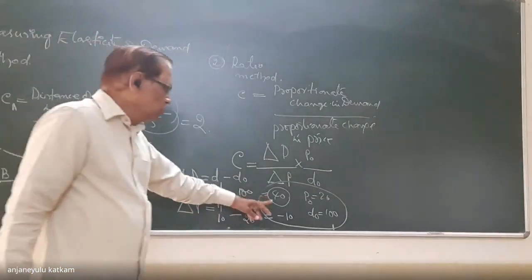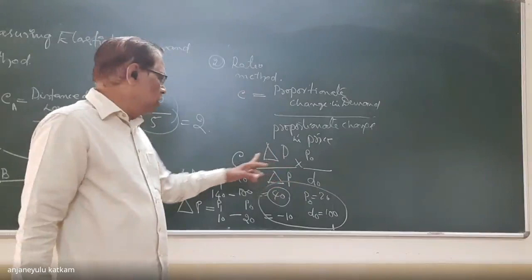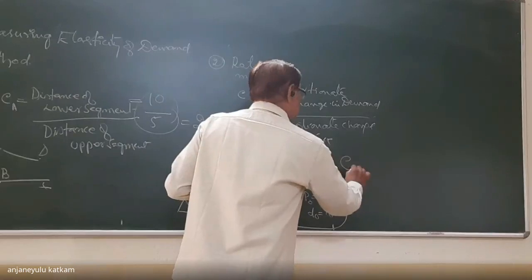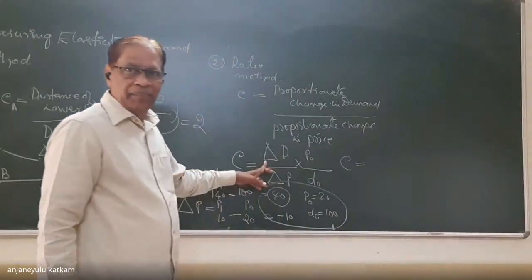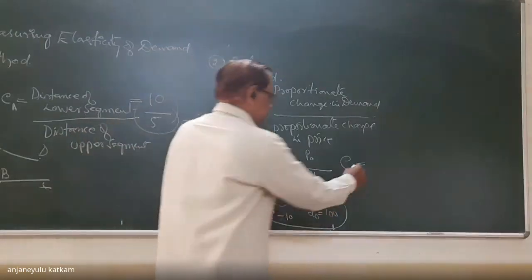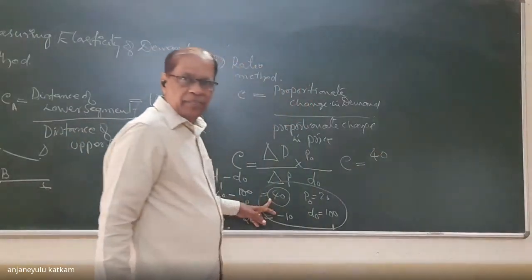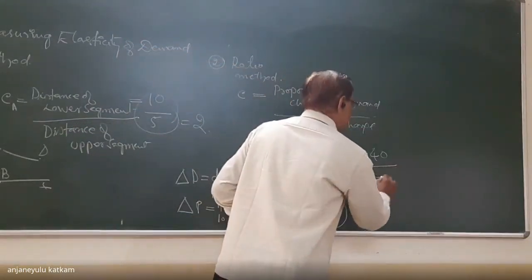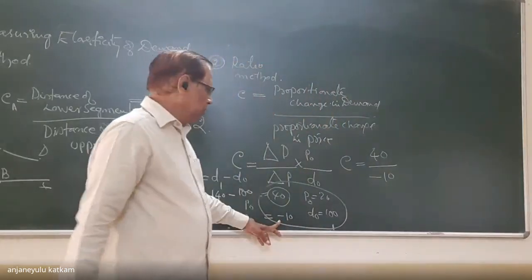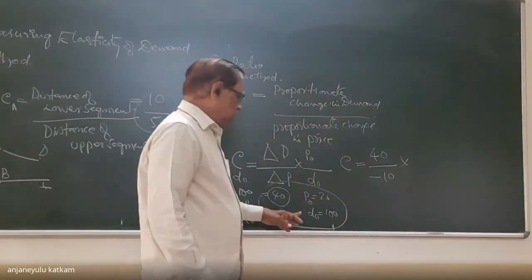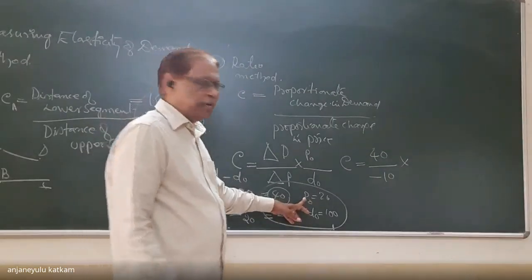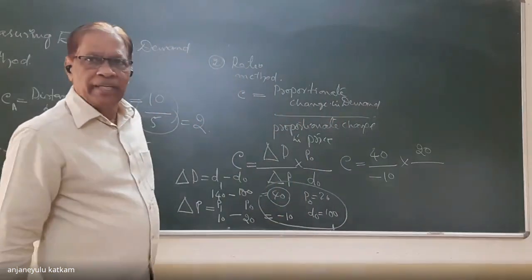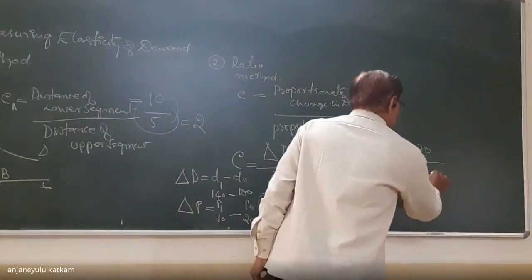Let us substitute these values in this equation to find out the elasticity. Elasticity is equal to delta D, which is 40, divided by delta P, which is minus 10, into P0, 20, divided by D0, that is 100.